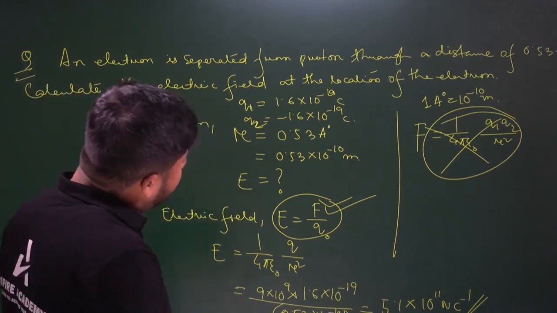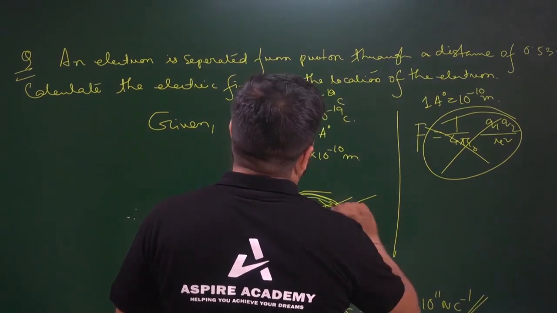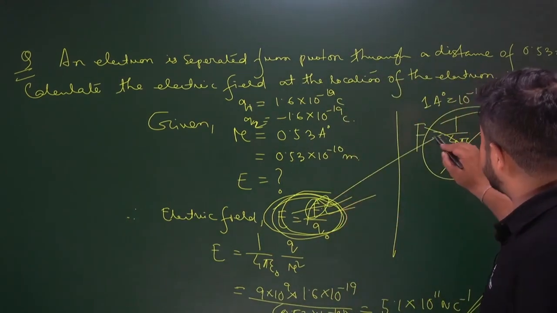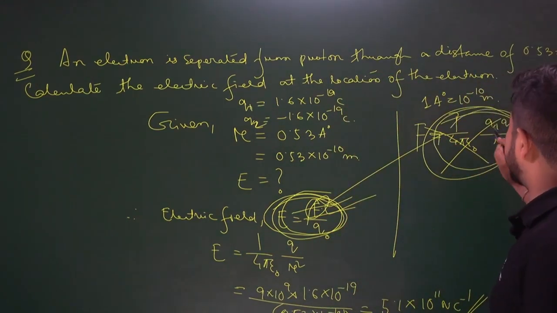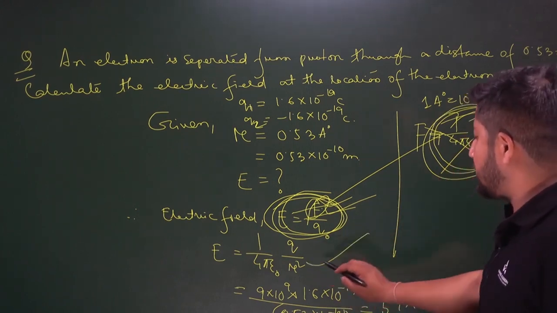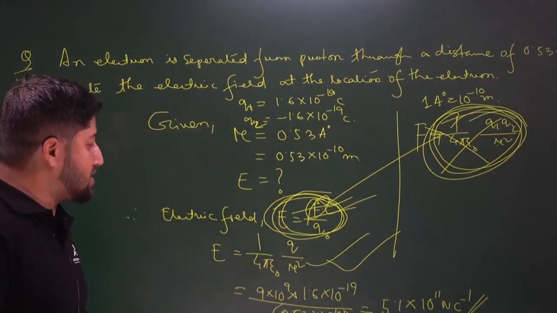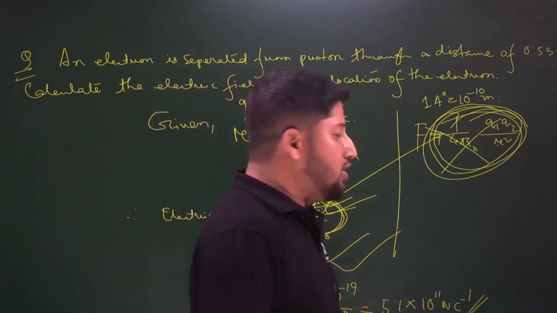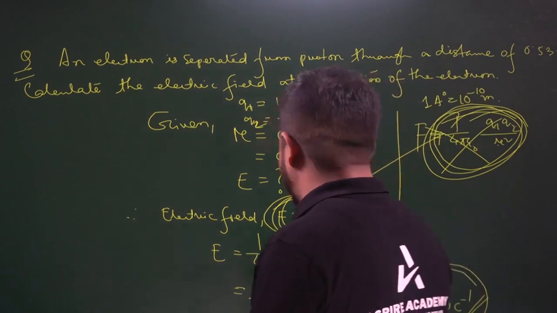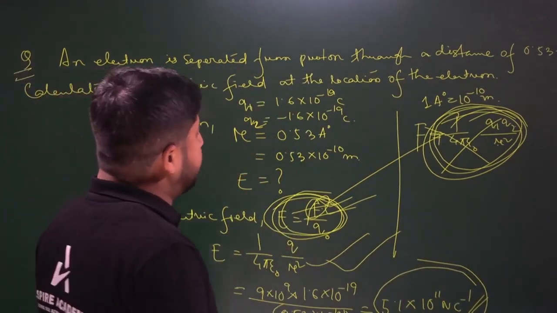We know electric field is F by q naught, but we cannot use this formula here because it is lengthy: force itself needs 1 by 4 pi epsilon Q1 Q2 by r square. So we use another equation, 1 by 4 pi epsilon naught Q by r square. After placing the values, the answer is 5.1 into 10 to the power 11 newton per coulomb. This is a very important question.